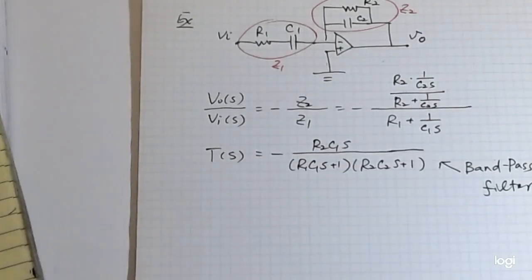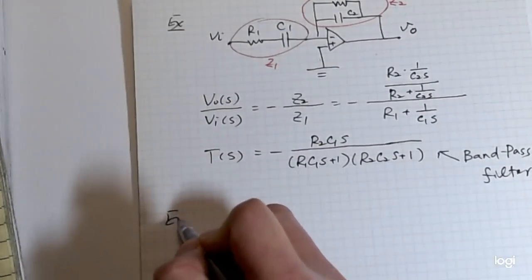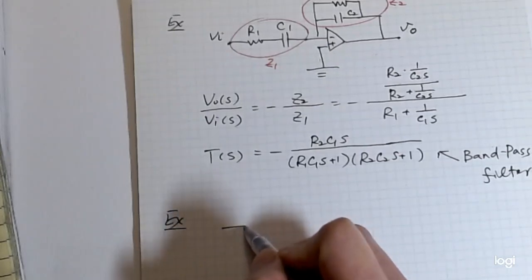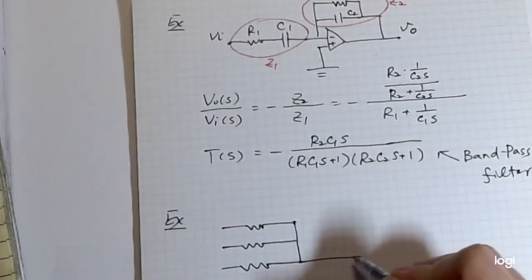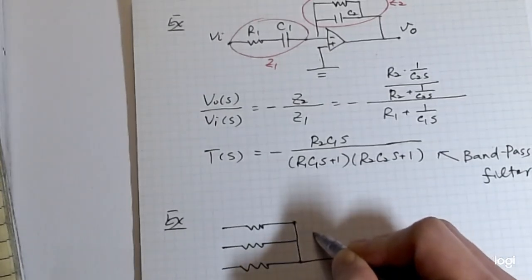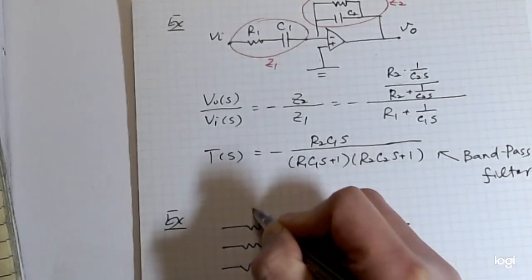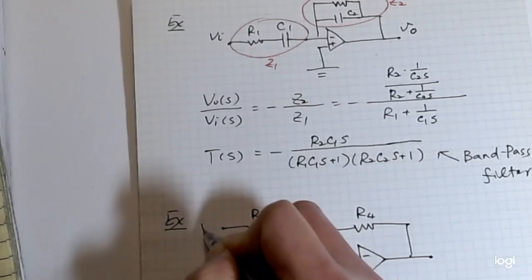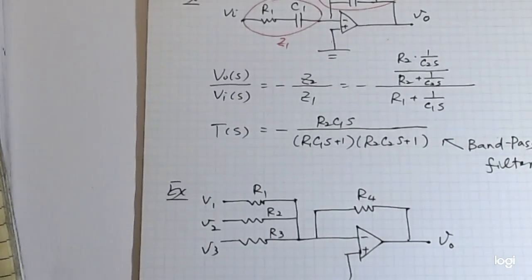Let's continue with another circuit. Now, if I have three inputs, V1, V2, V3, and V out, what would be the relationship relating the output voltage to the three input voltages V1, V2, V3?